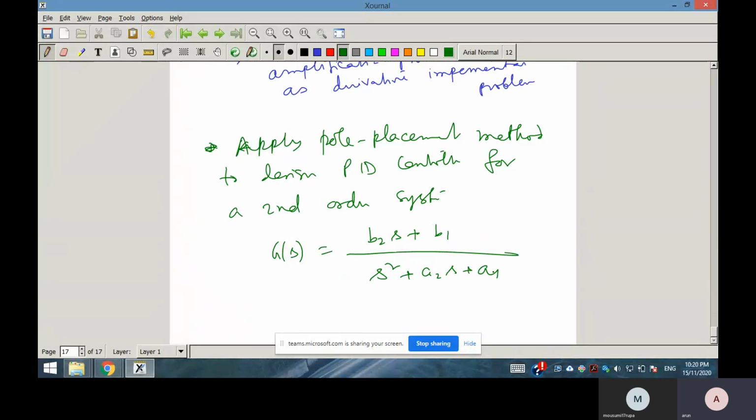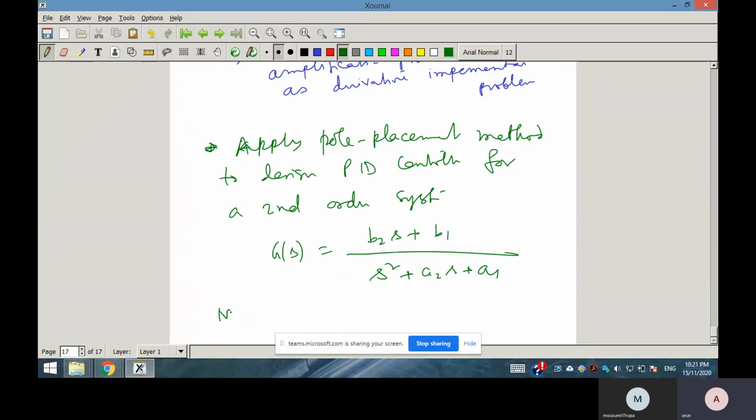So here you can easily see that if you add a PID controller, then the closed loop pole polynomial will be third order. In PID, how many tunable parameters are there? Three. So you can achieve pole placement.